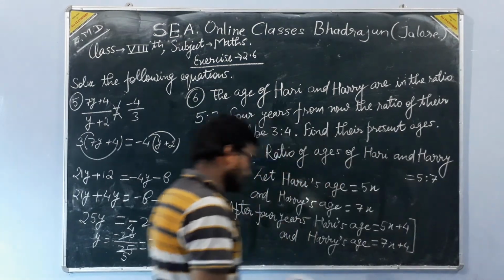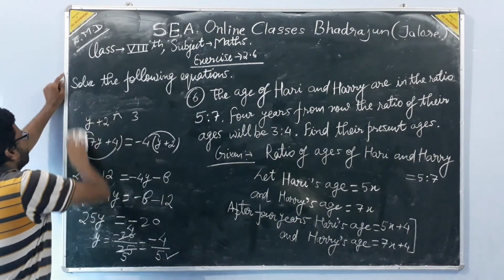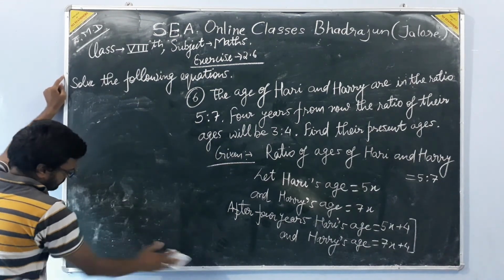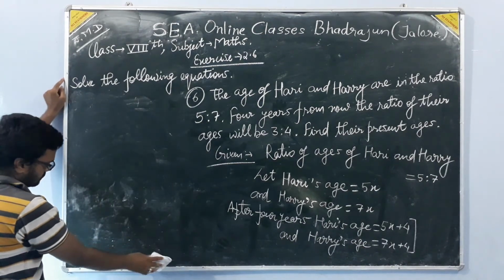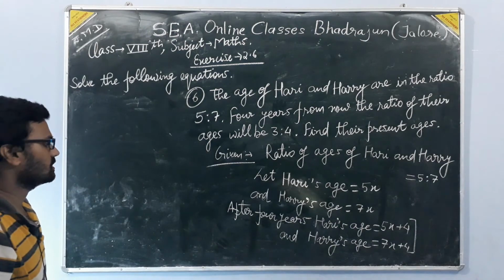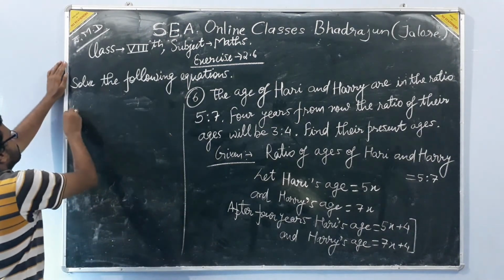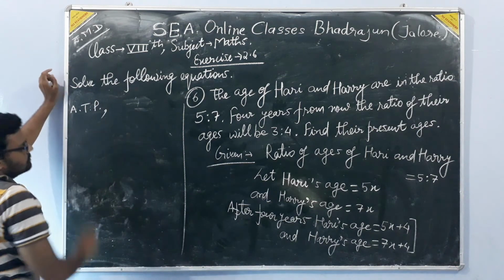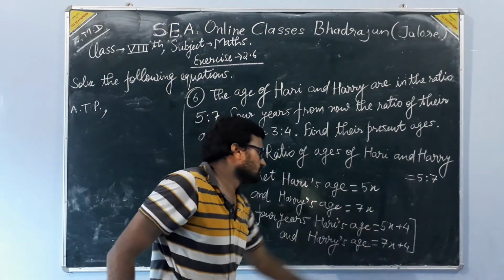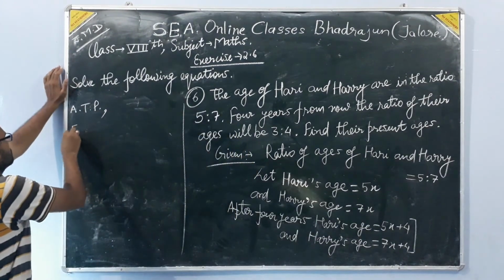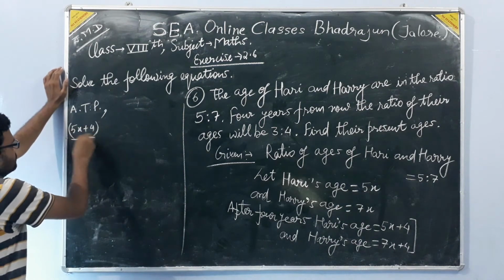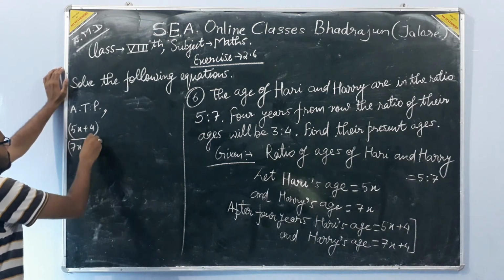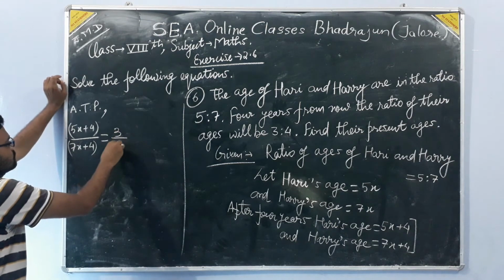So according to problem, ratio of these two is 5x plus 4 upon 7x plus 4 equals to 3 by 4.